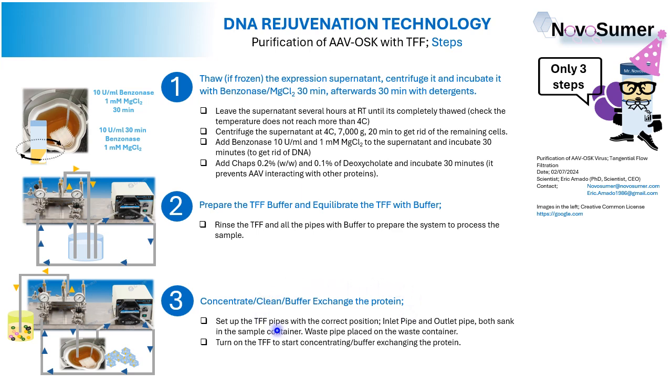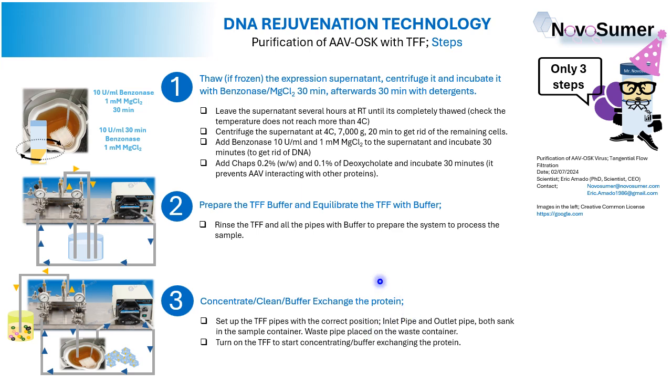We will add a little bit of excess of TFF buffer in order to change the media of the AV-OSK. So at the end of the process, we will get AV-OSK clean, concentrated, and in another buffer, the TFF buffer.